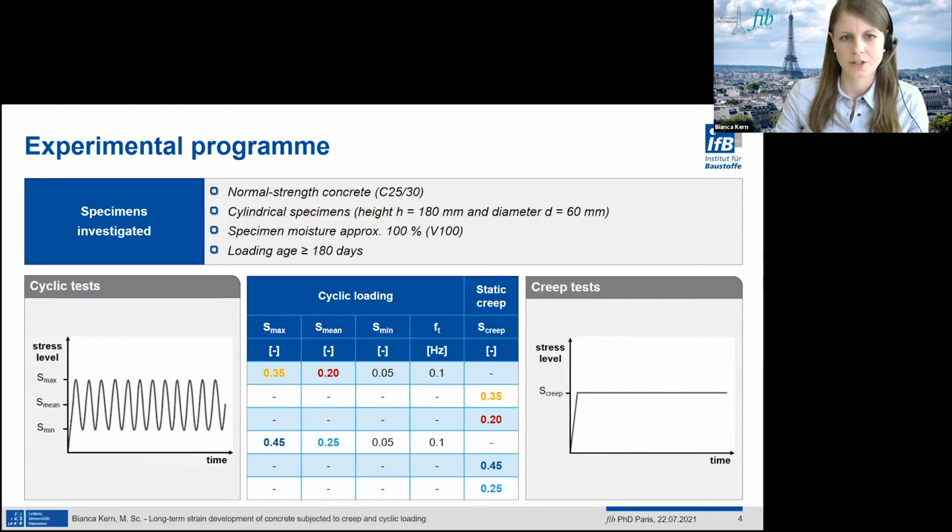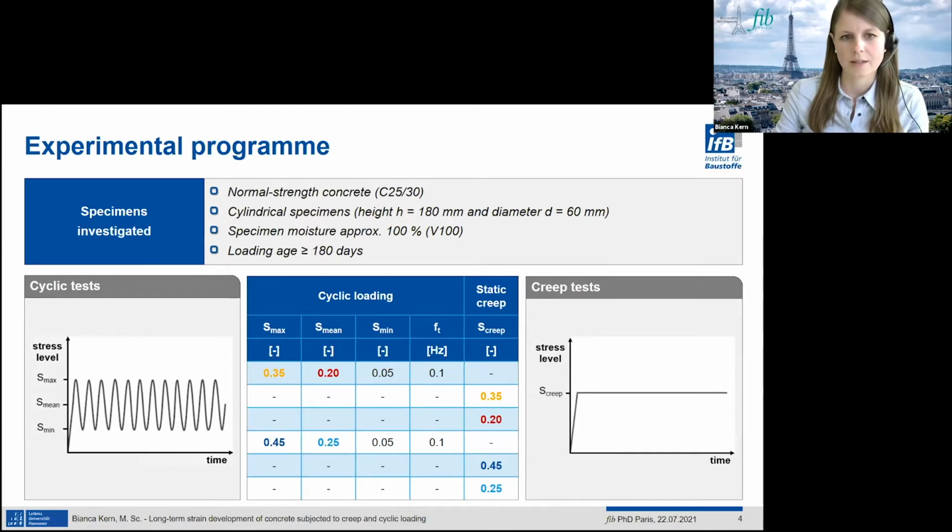The storage condition chosen ensured a constant pore moisture content of approximately 100%. All tests were conducted using specimens with a minimum concrete age of 180 days to ensure an almost complete hydration and avoid additional hardening of the concrete during testing.